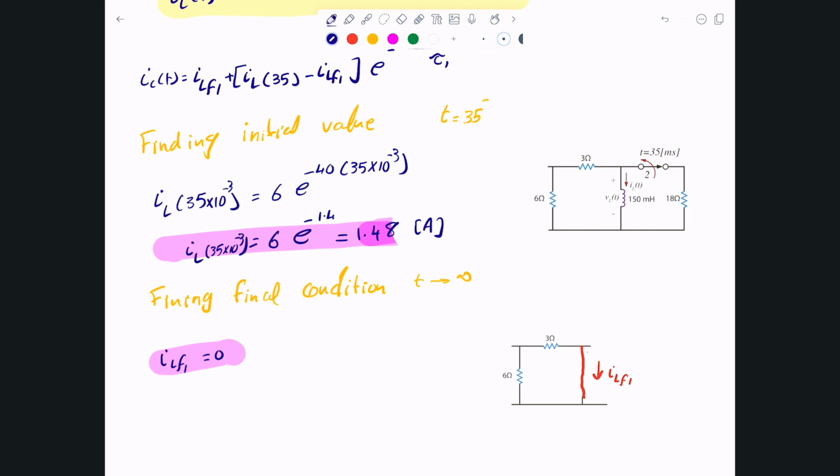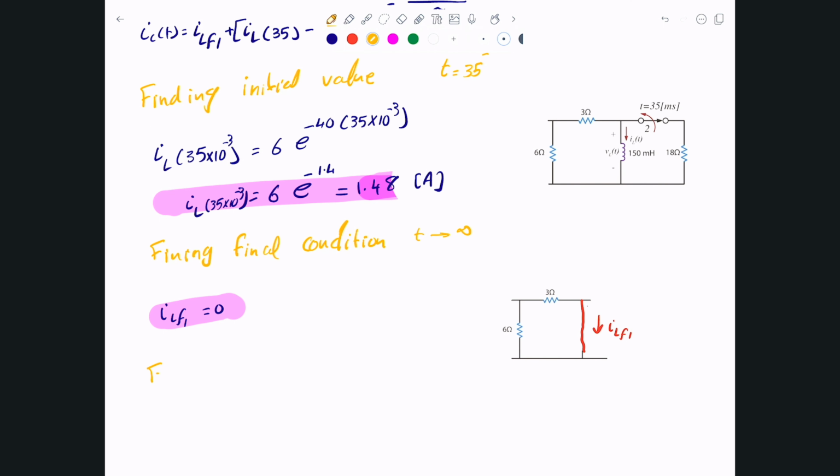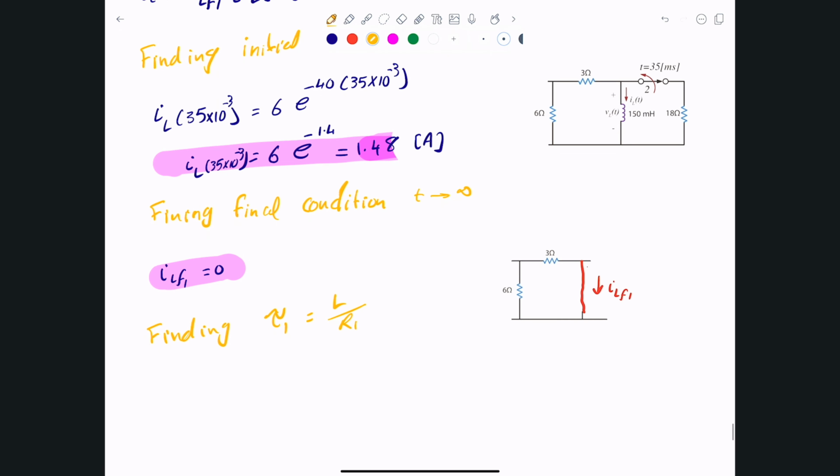So what's left? What we need to do is find the time constant. Now finding the second time constant, tau 1, which is L divided by R1 in this particular case. So what is this R1? I have an inductor connected to 3, connected to 6 in here.